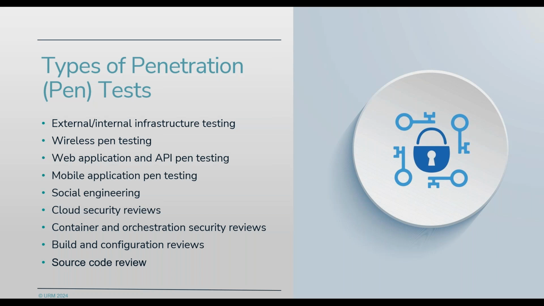Those are external and internal infrastructure penetration testing, wireless network penetration testing, web applications and APIs penetration testing, mobile application testing, social engineering such as physical social engineering or phishing attacks, cloud security and configuration review, including container and orchestration technologies reviews, build reviews of servers and workstations, and even source code reviews of web or mobile applications.